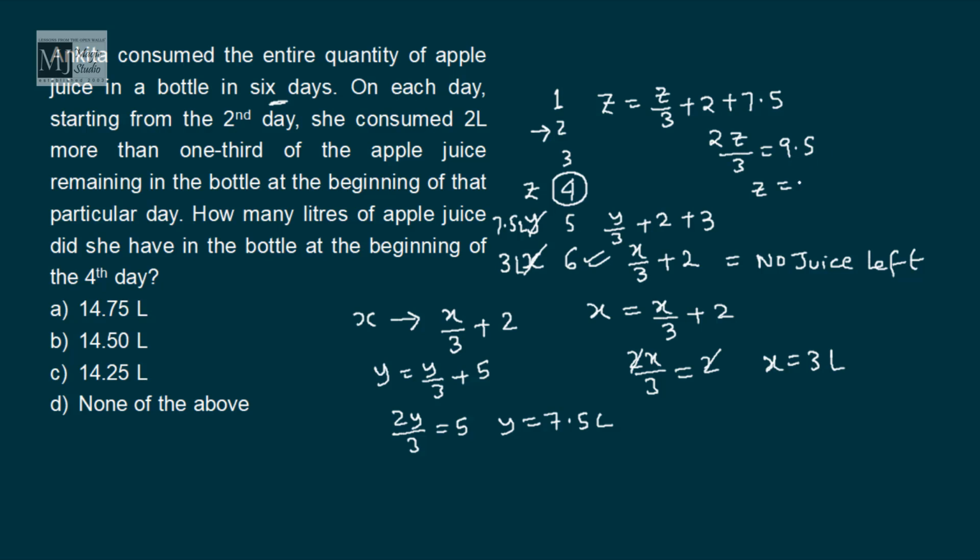Z equals 28.5 by 2, that is 14.25 liters. Ankita kick-started day 4 with 14.25 liters of juice. How many liters of apple juice did she have in the bottle at the beginning of the fourth day? 14.25 liters. Option C fits in.